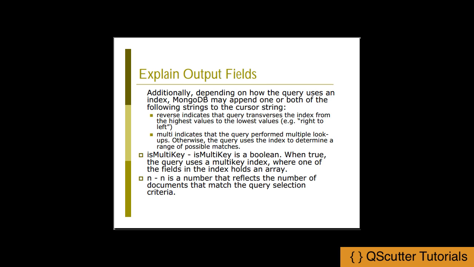When true, the query uses a multi-key index, where one of the fields in the index holds an array. n is a number that reflects the number of documents that match the query selection criteria.